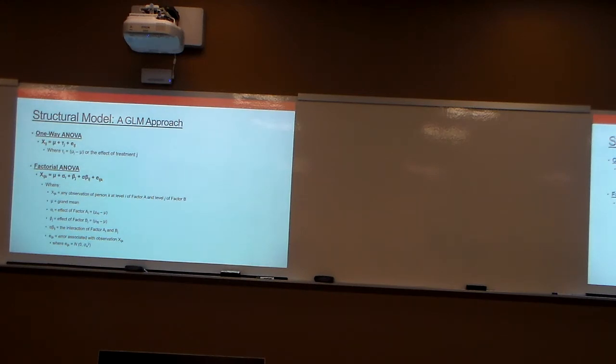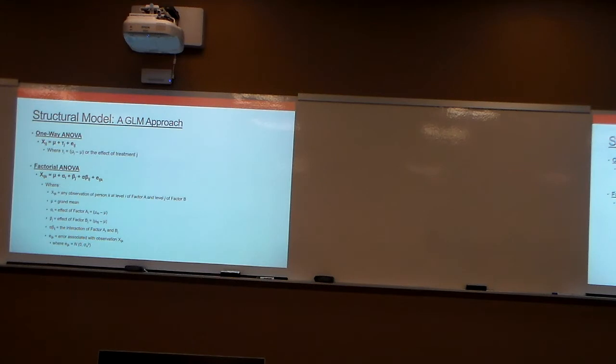And to get there with our factorial model, we would start with the overall mean, the grand mean of everybody. Then we make an adjustment for factor A, where they are in there. We make an adjustment for whichever level of factor B they belong to. We make an adjustment for the interaction, and then add whatever error term, that person's deviation from their individual cell, tacked on here, right?